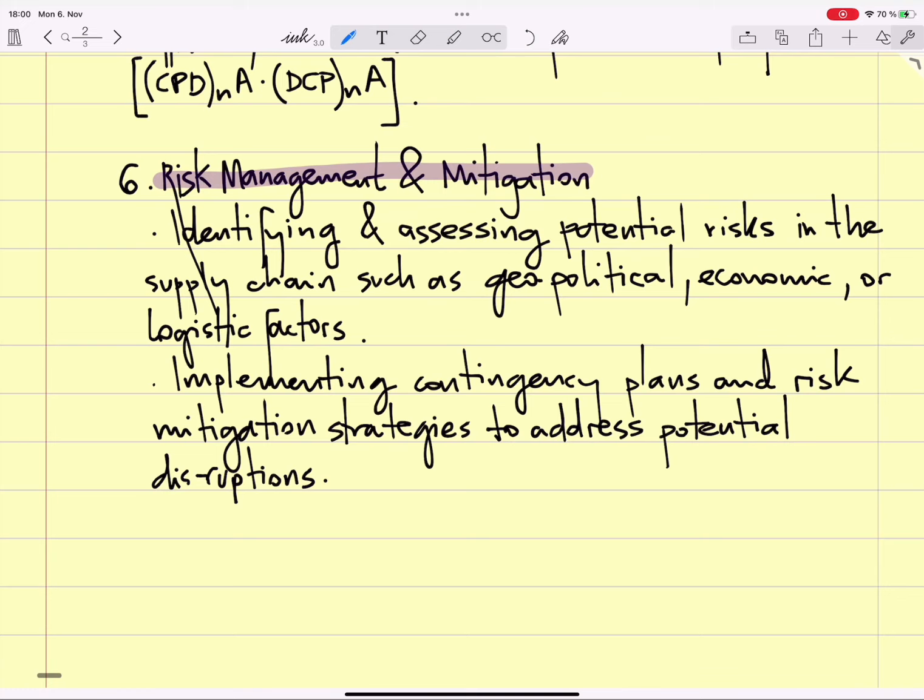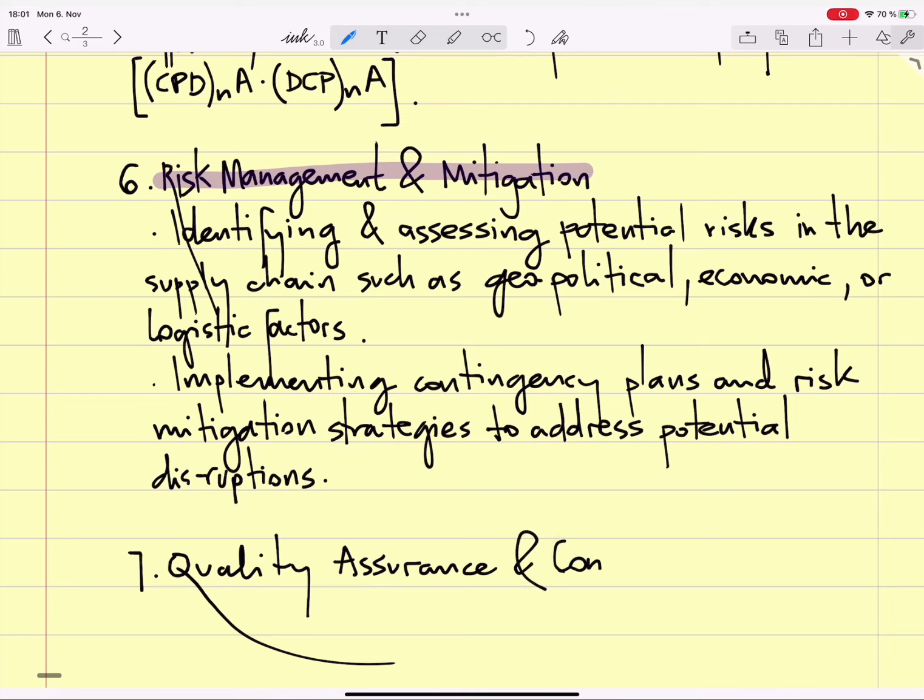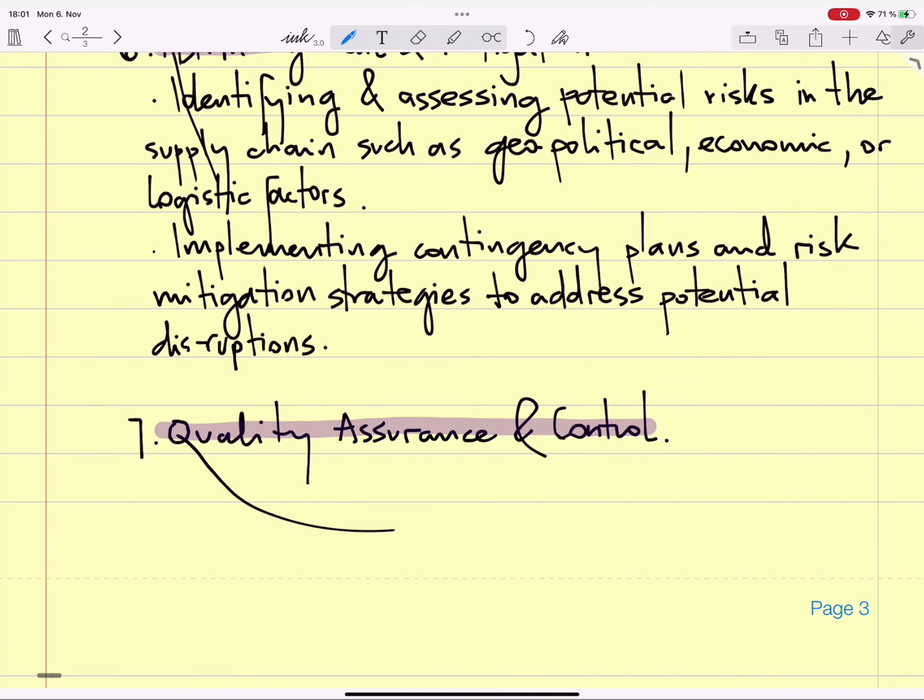So we go to quality assurance and control. Here we start by establishing and enforcing, in case that this is not given by the supplier, you need to enforce it.